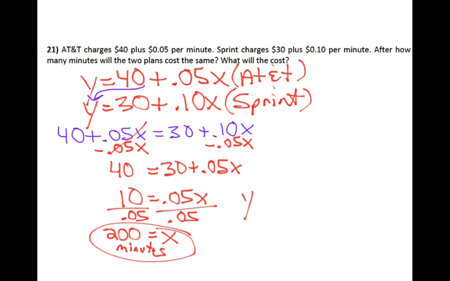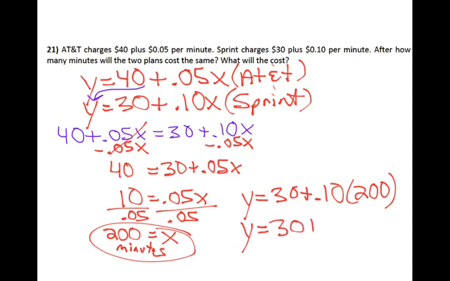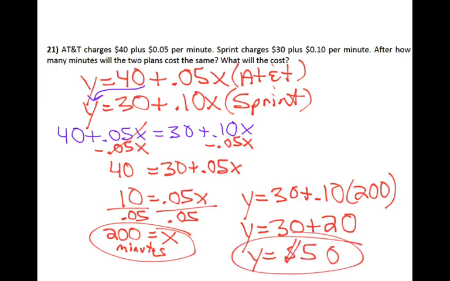So let's say we plug it into the y equals the Sprint one. So that would be 30 plus 0.10 times 200. So y equals 30 plus, and this would just move the decimal place one spot over, so that instead of 200 it would be 20. And so y equals $50. Makes sense? So then that answers both questions.